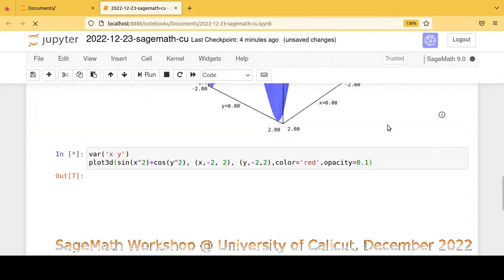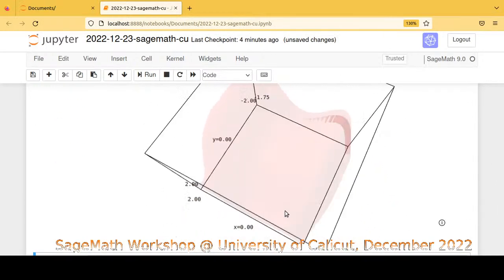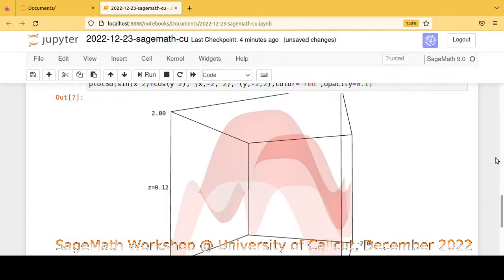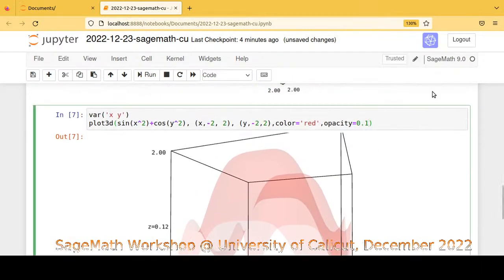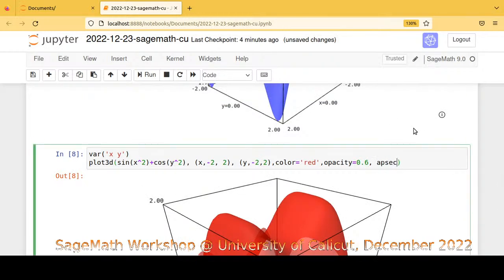So the scaling is 0 to 1. Also we can extend along, let us keep it to be 0.6. Aspect ratio also will work here.